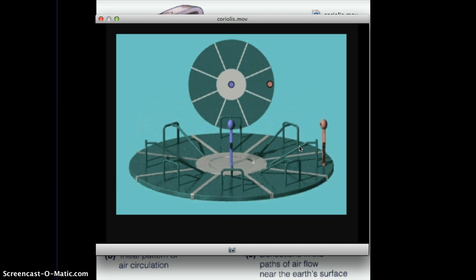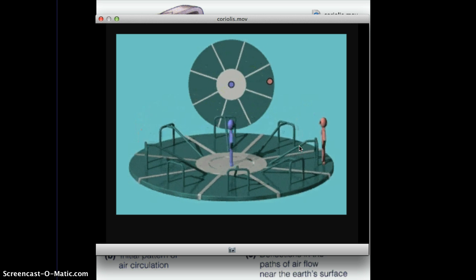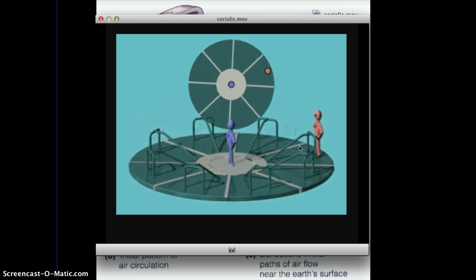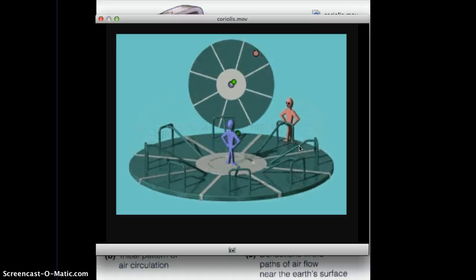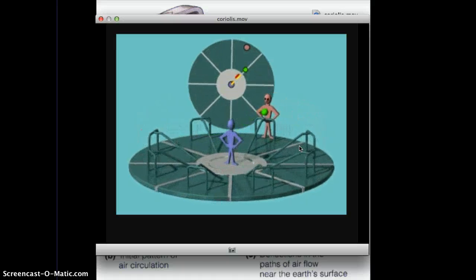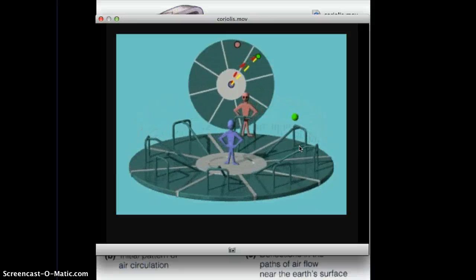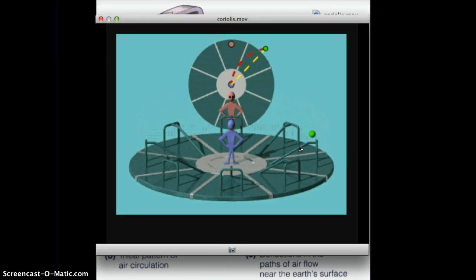Imagine the ball is tossed from the center to someone at the edge. With rotation, the ball still travels in a straight line in space, but because the catcher is moving, the ball misses. From the vantage point of the catcher, the ball appears to curve away. The direction of apparent motion is to the right when following the path of the ball.